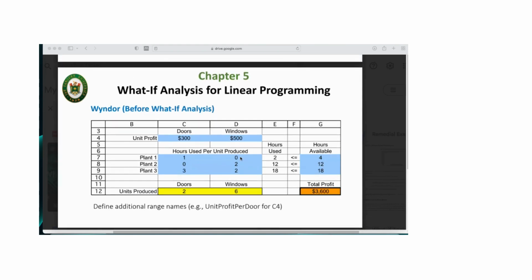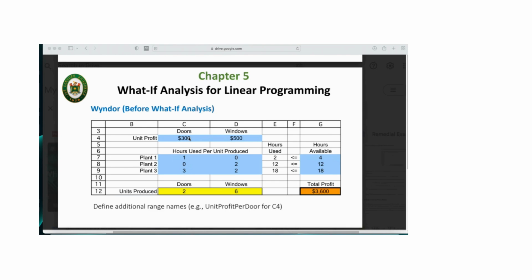Now, what is the next concept to learn? The next concept to learn is how do you conduct a sensitivity analysis? The first step is to select one parameter to change, one at a time. If you want to change this parameter, then do so.